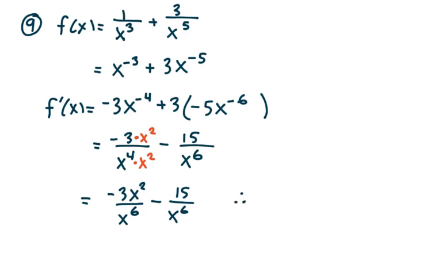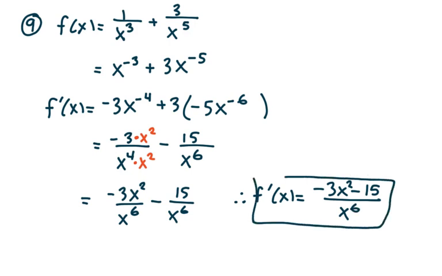And so, therefore, f prime of x is negative 3x squared minus 15 divided by x to the 6. And that's how we do 9.